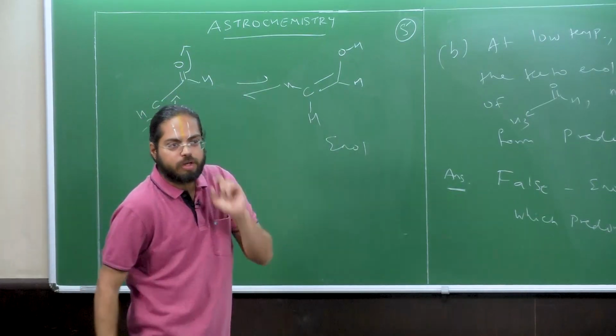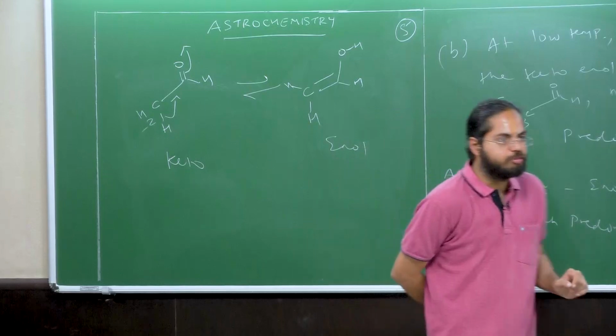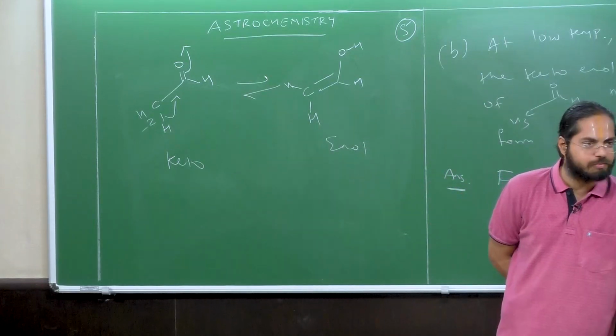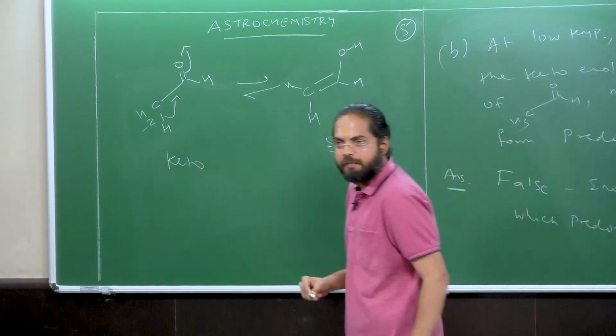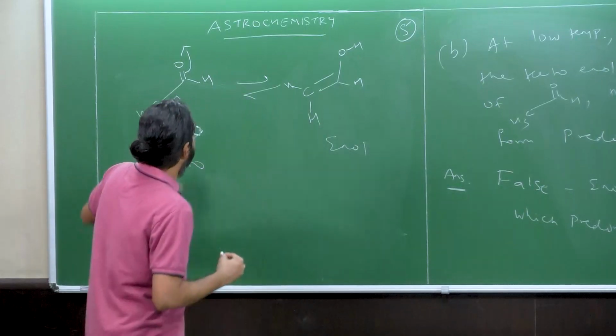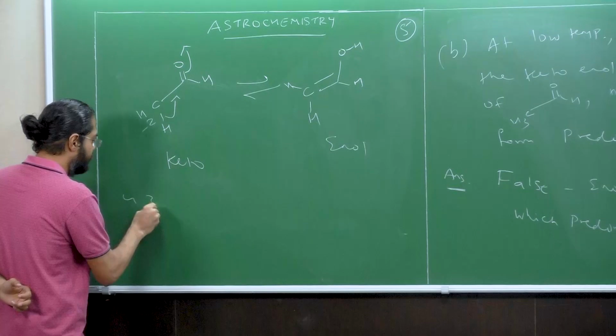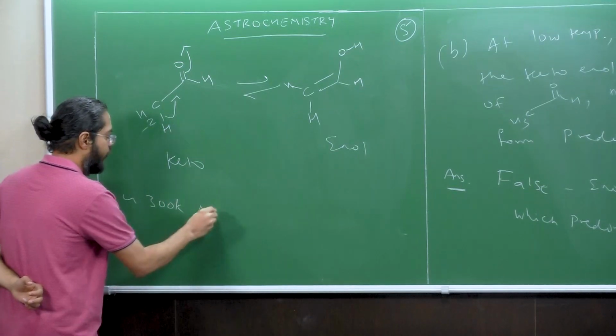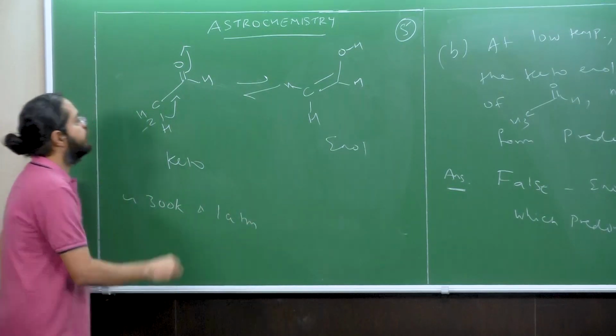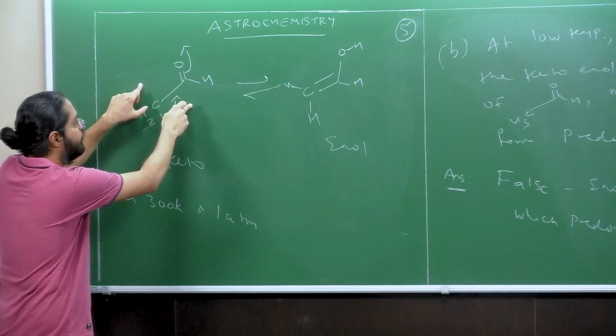Now, if you recall, in the very first lecture in this astrochemistry course, or maybe the second lecture, I had told you folks that at room temperature, which is approximately 300 Kelvin and 1 atm, this form predominates. Why is that?